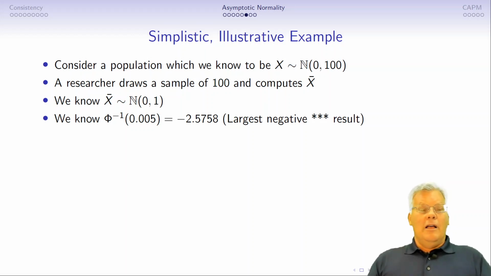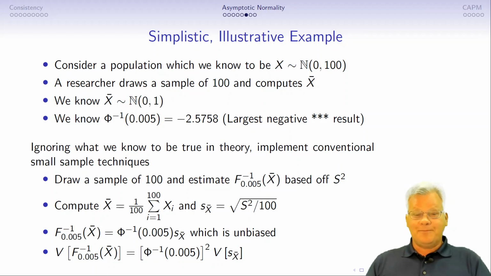But to show you how these estimation techniques work, this is kind of a stilted example because we know in theory what the correct answer would be. But we're going to implement two different statistical techniques for estimating this largest negative three-star result, and then compare them to the value that we know should be generated from theory.